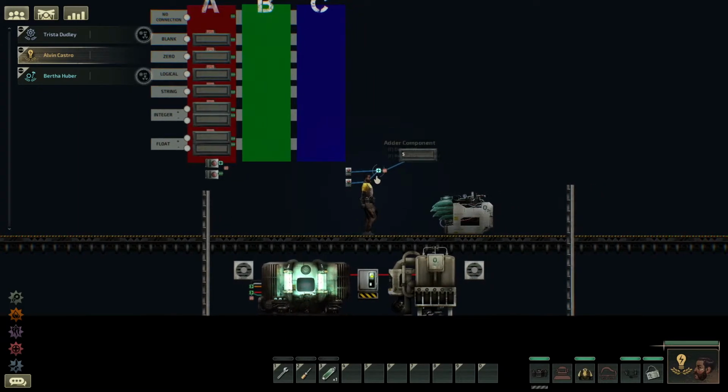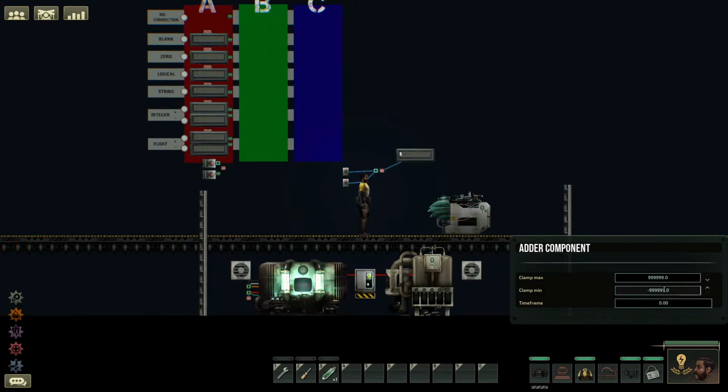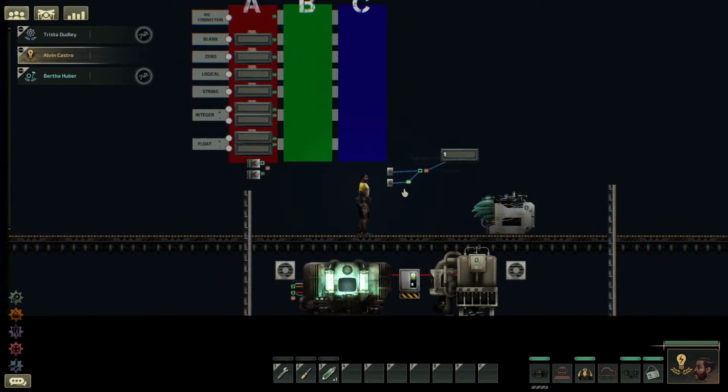Now I'm going to clamp these to 0 and 10. I don't know if you guys can hear my mouse clicks here, but I can't get that any higher, right? And that won't let it go any lower.